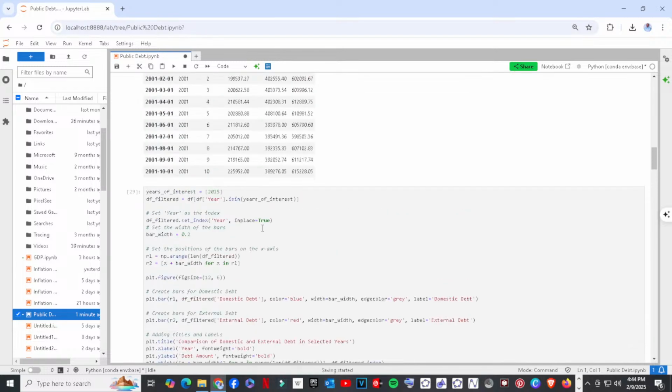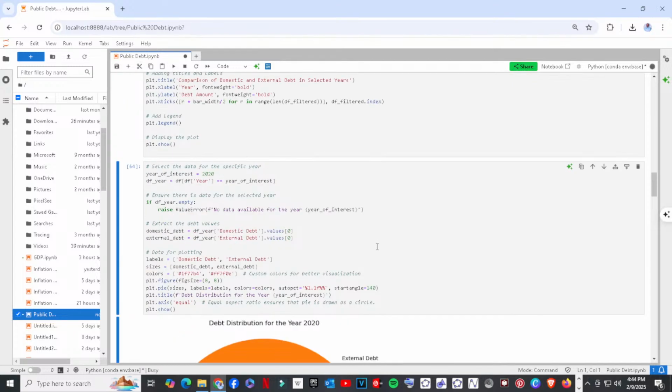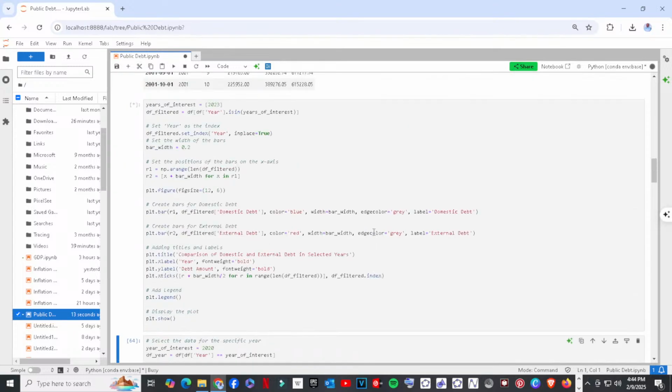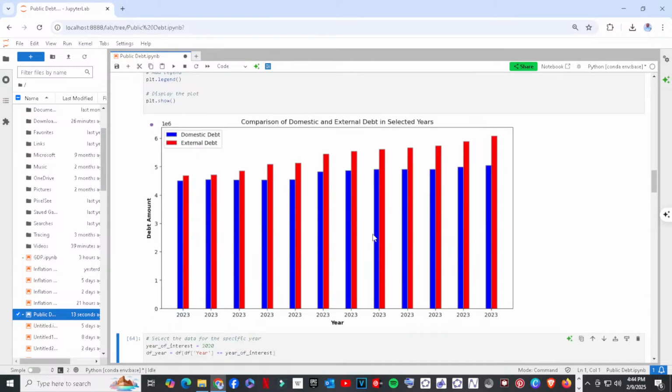Okay, let's check for 2023. That's 2023, one year into the current government. And you can see clearly the current government's policy, that is the BETA, the bottom-up economic transformation agenda.